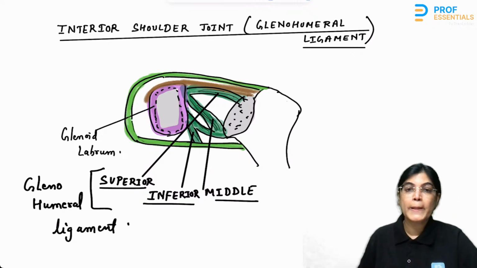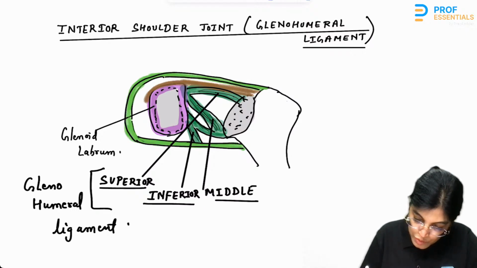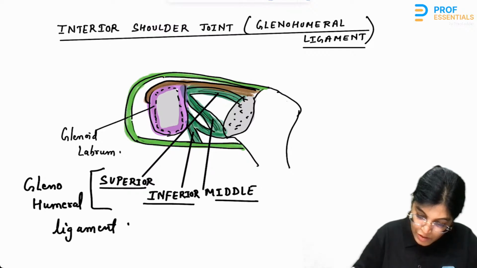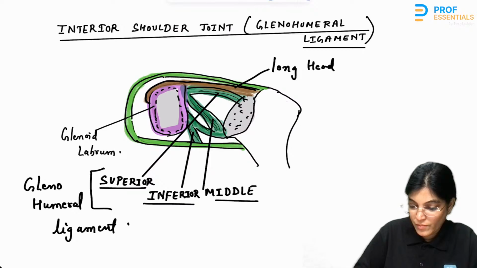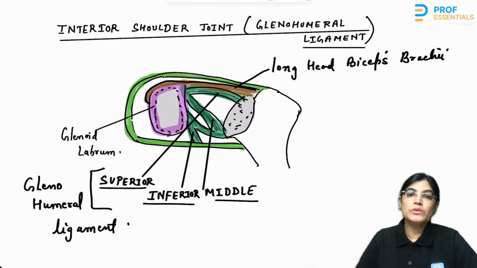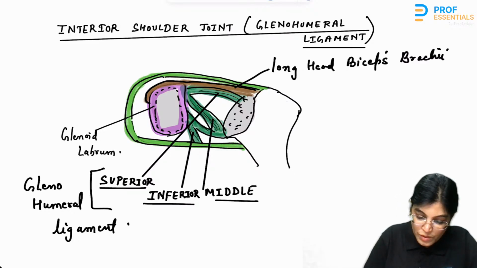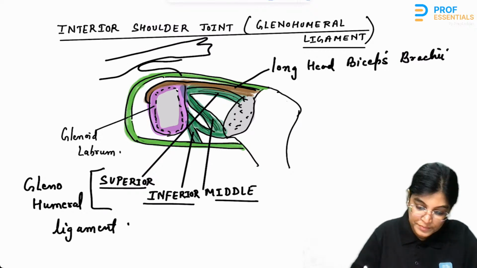Okay, done. And this tendon which has been shown to you here will be the long head of biceps brachii. Okay, and glenoid labrum is also shown. So this is the interior which has been shown to you. And if you want to make an overall view, this will be coracoid process, and here the acromial process like this. Okay.